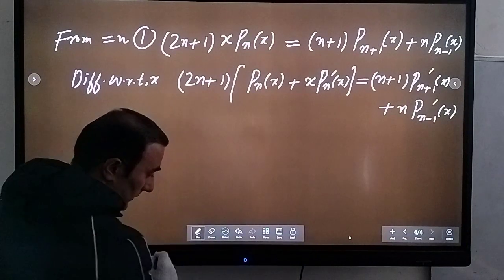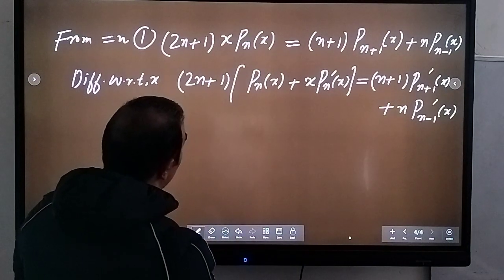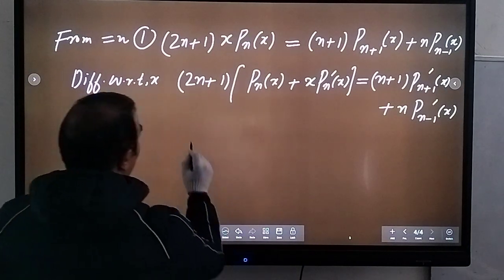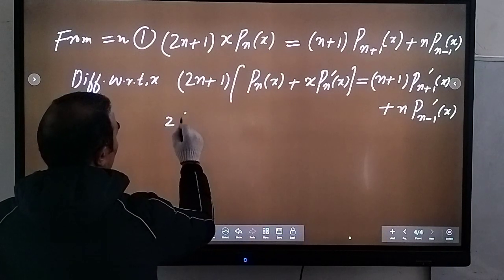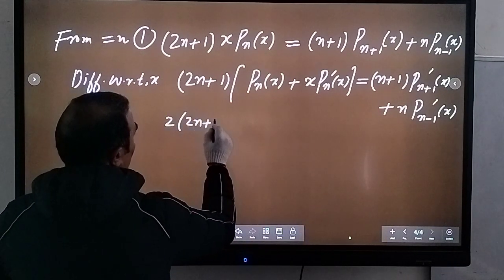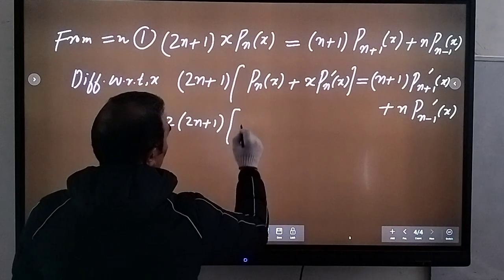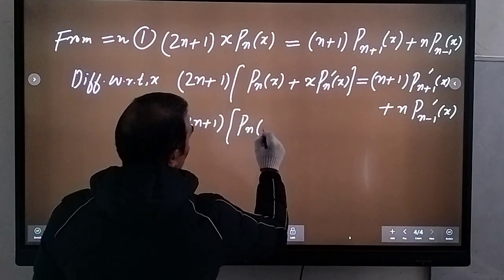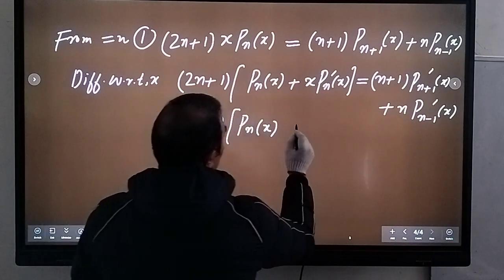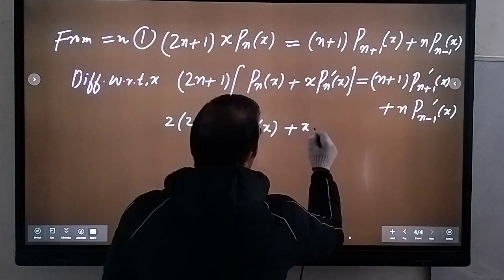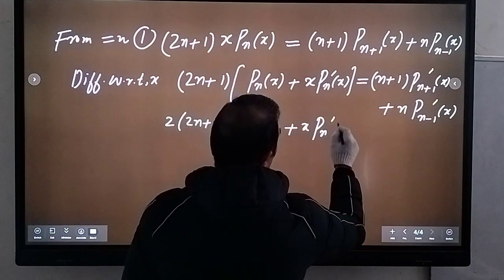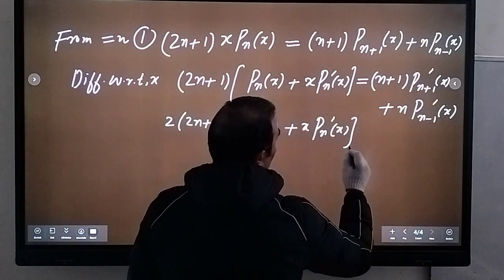So you can write this as 2 into (2n+1) Pn(x) plus x Pn'(x). So that will be equal to.